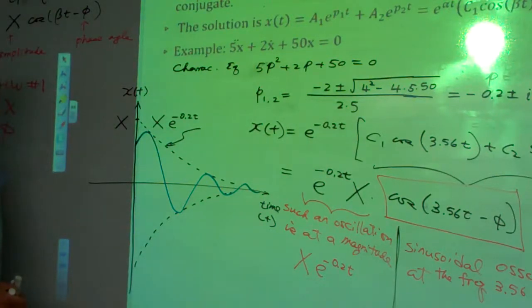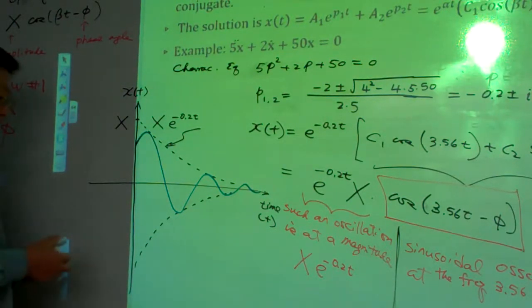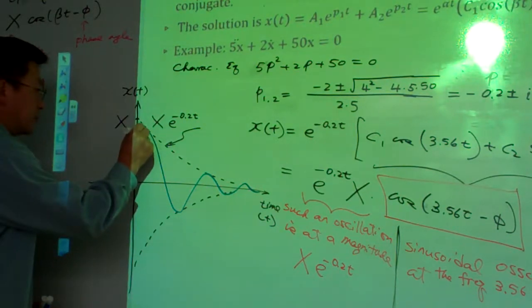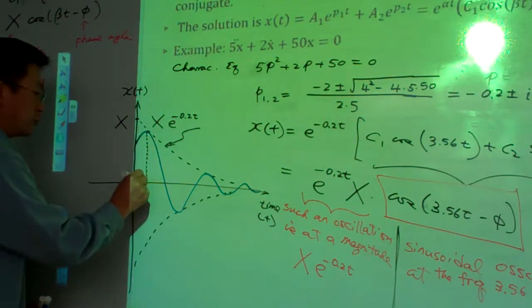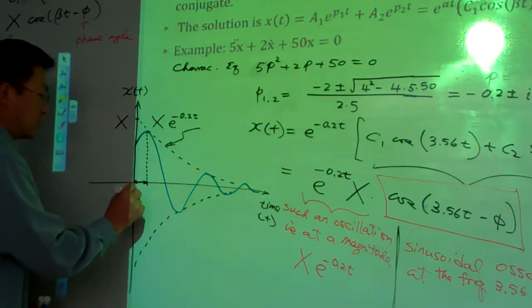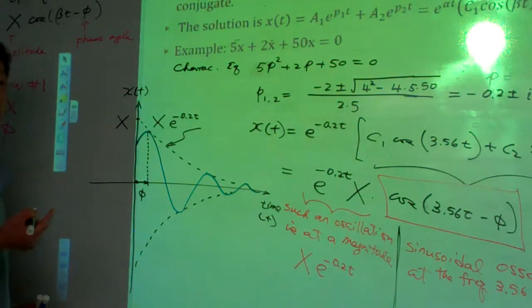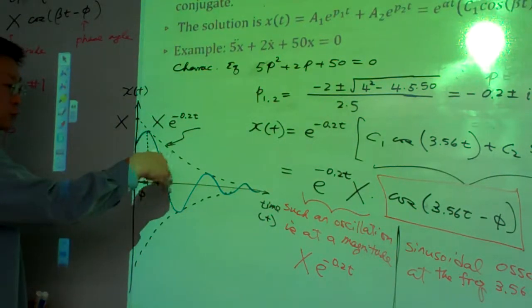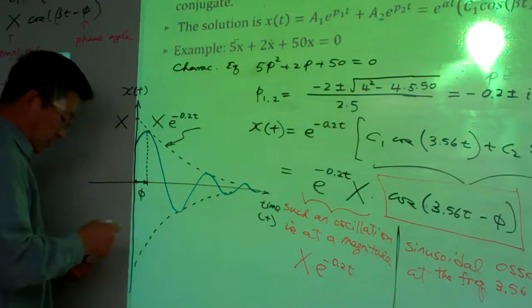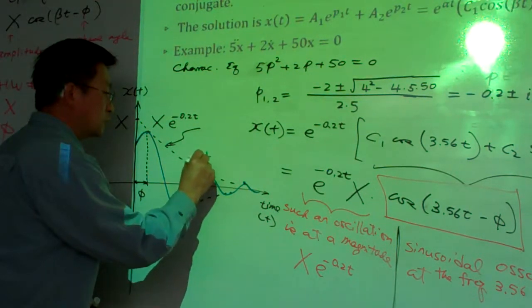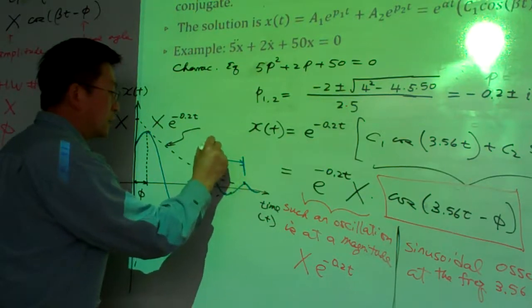Continue. Okay, good. And precisely, we can define from the peak. Initially, if you remember our definition, this is our phi here, the phase angle. And what is the oscillation period from peak to peak? From peak to peak, that defines the period.